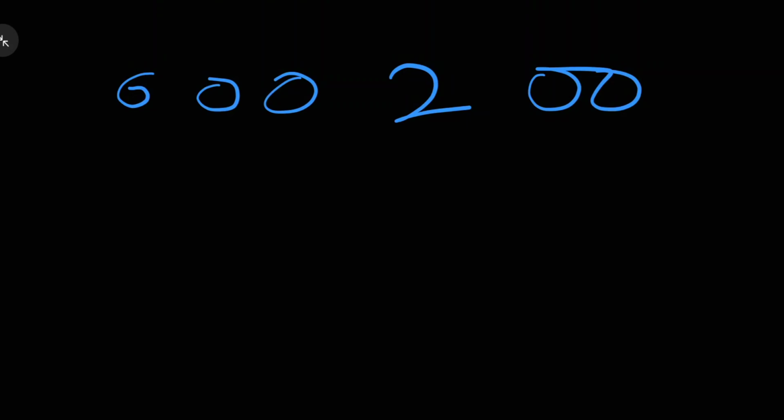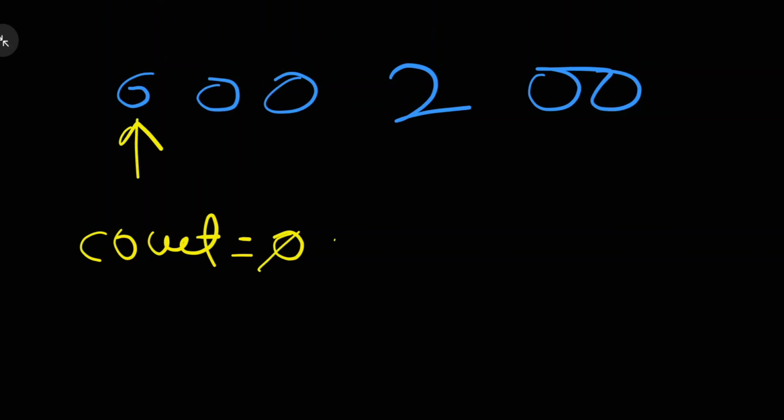Now let me quickly run this possible solution. So I'm iterating throughout the array. I'm not taking 2 pointers, just 1 pointer is enough and another variable count. So I'm at 0. Are you 0? It says yes, I'm 0. Count becomes 1. Now I'm at the first index. I ask, are you 0? It says yes.